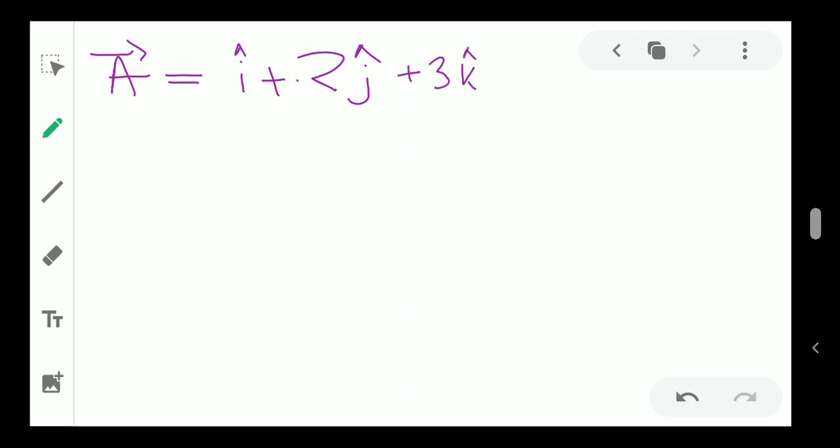if you have in component form I cap plus 2 j cap plus 3 k cap, and another vector is given I cap minus 2 j cap minus k cap.